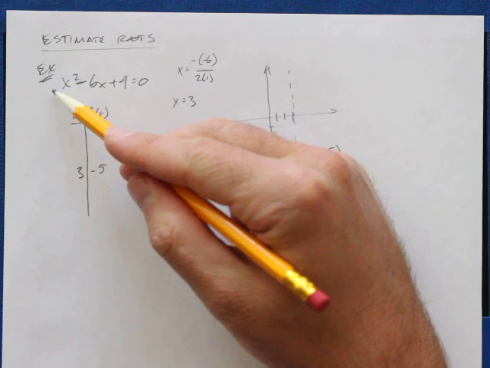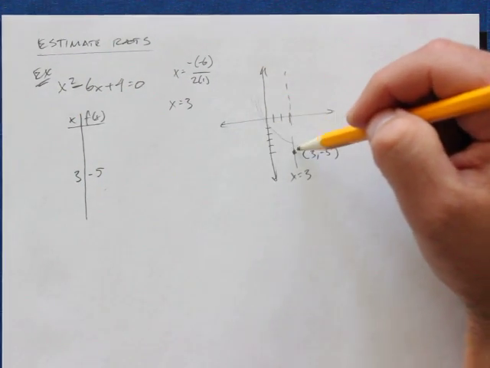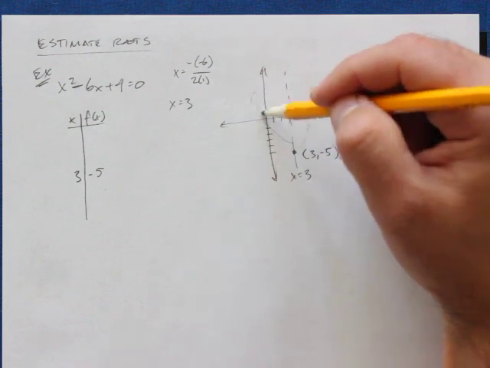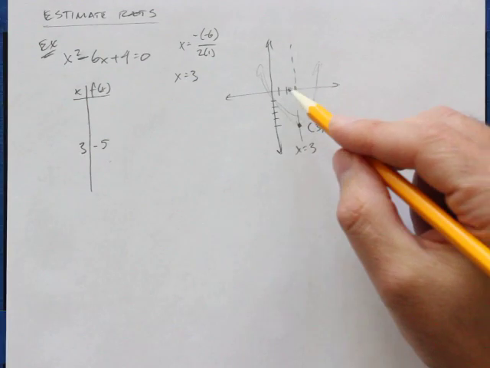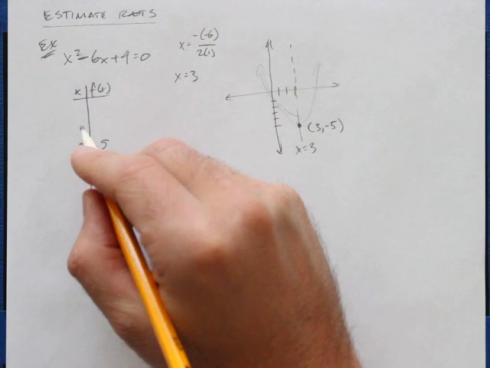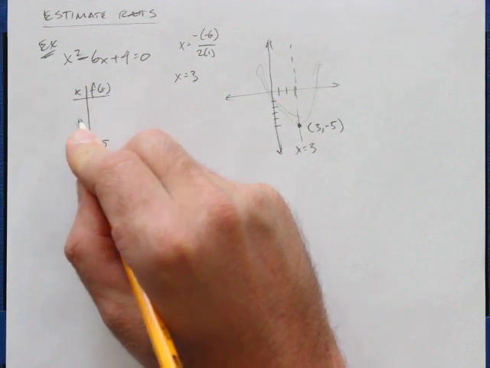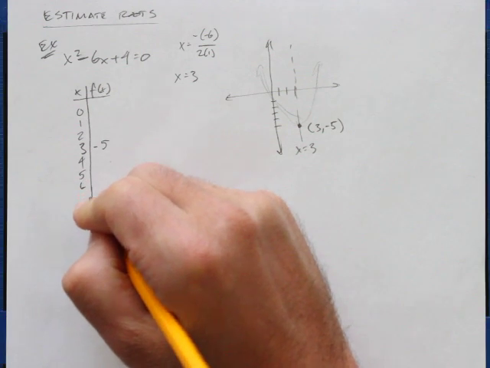And I know, since my a value is positive, that this parabola is going to go up, something like this. Now, I need to estimate where that's going to happen. So let's see, we're going to need to plug in several numbers here. We're going to plug in 2, 1, and 0, and 4, 5, and 6.